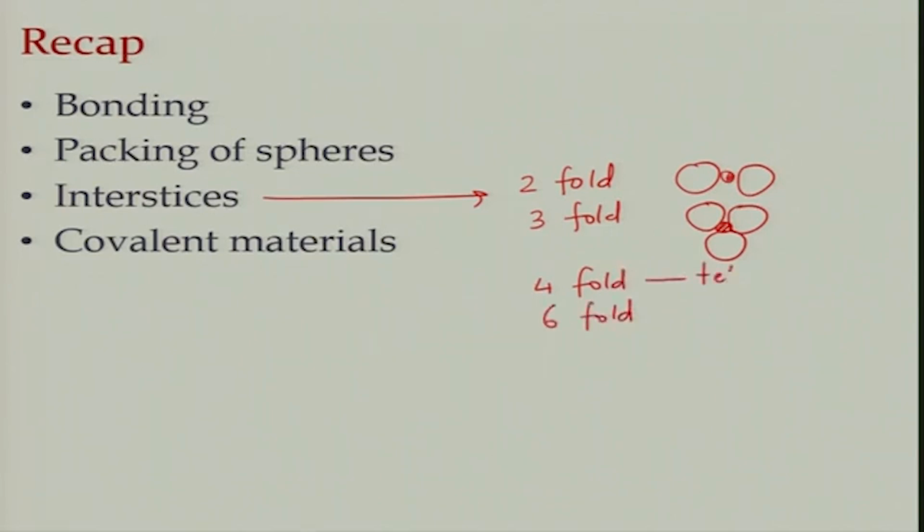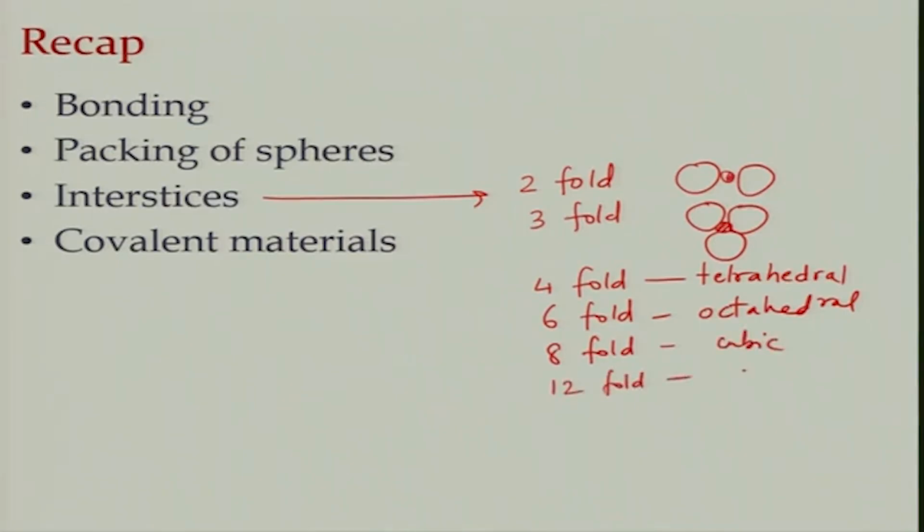So this is tetrahedral, this is octahedral, and then there is also possibility of eightfold, which is cubic coordination, and then we can have 12-fold, which is basically you can say CCP kind of coordination. Okay. So we will see how these coordinations are obeyed in case of ceramic structures in subsequent slides.